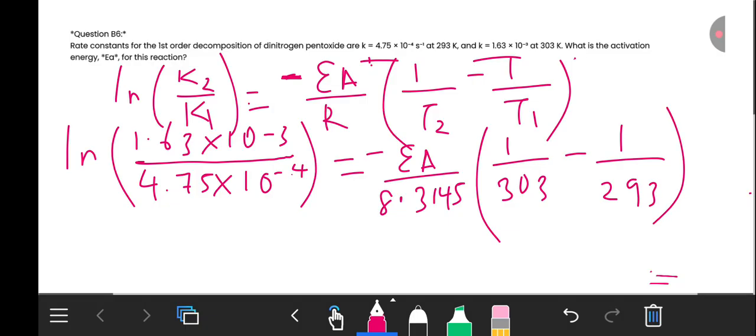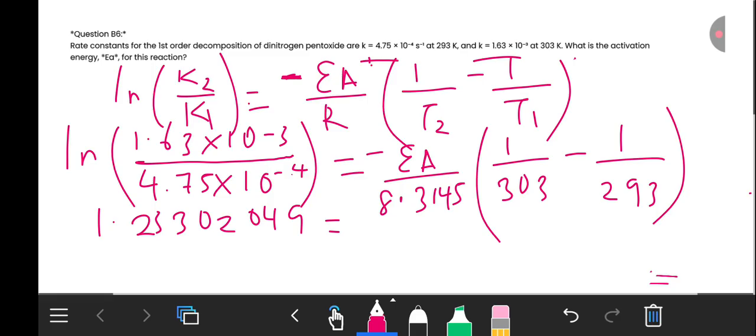So what you need to do is just to punch in the values. You say 1.63 times 10 to the power negative 3 divided by 4.75 times 10 to the power negative 4. Then you find the natural log of this value, and it will give you 1.233302049.